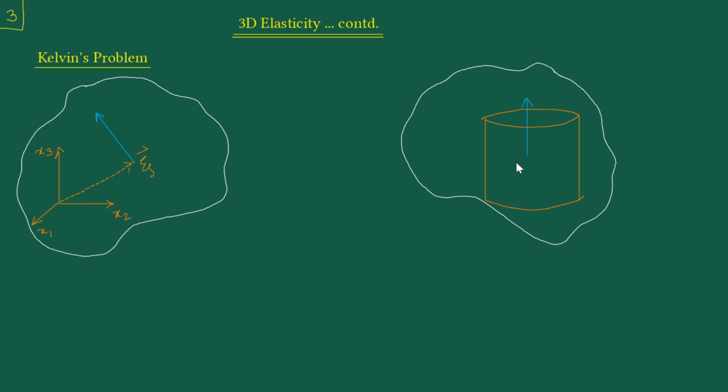No matter where you are sitting on the surface of this circular cylinder, the situation is going to look exactly the same. So what we mean to say is that there is no dependence on the angle.